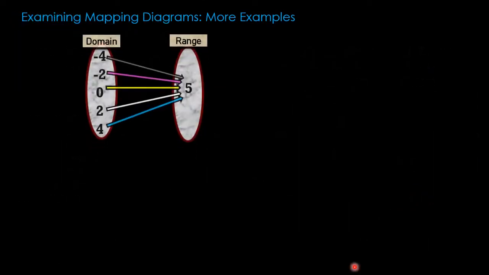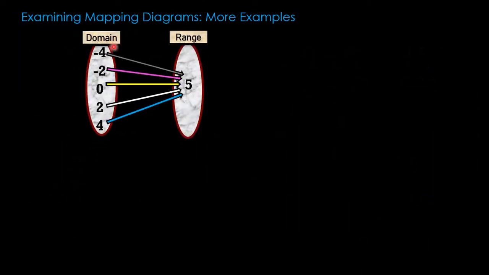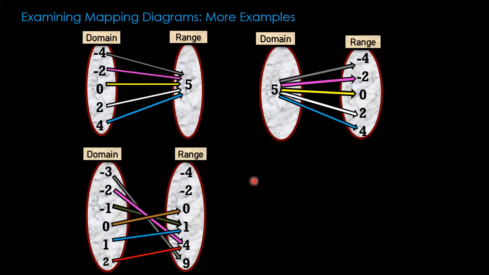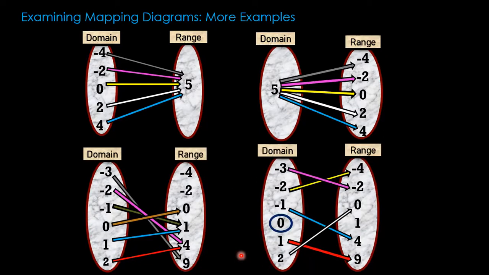Some more examples here. In this case we can see all the inputs are paired with only one output. Here only one input is paired with all different outputs. This is another example, and this is another example. So which one is a function, which one is not?